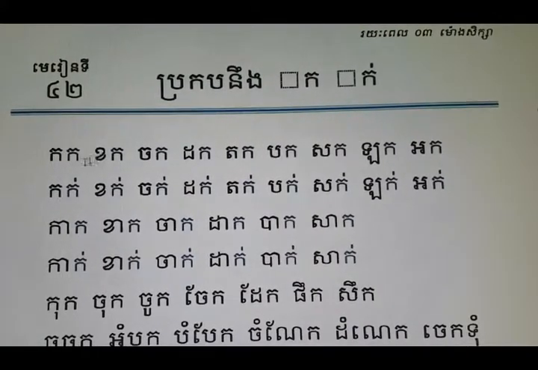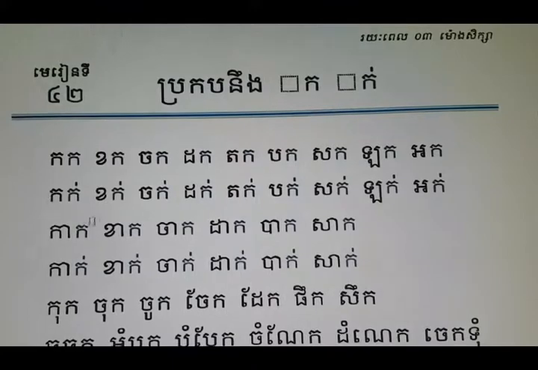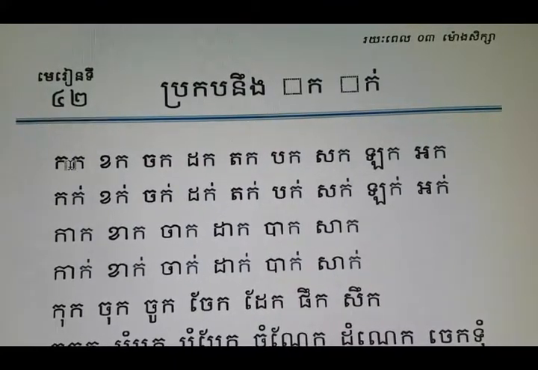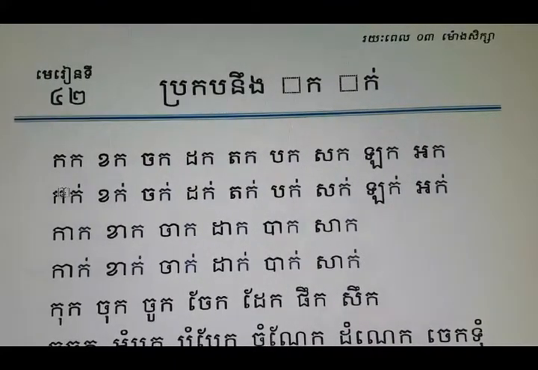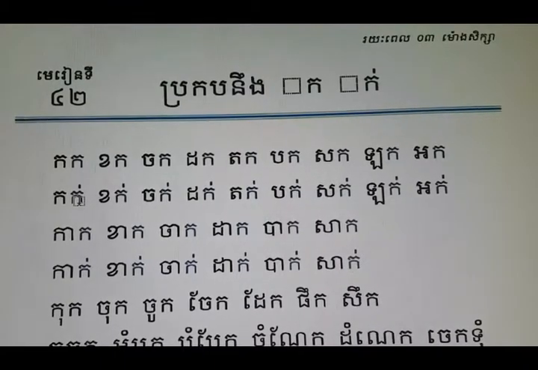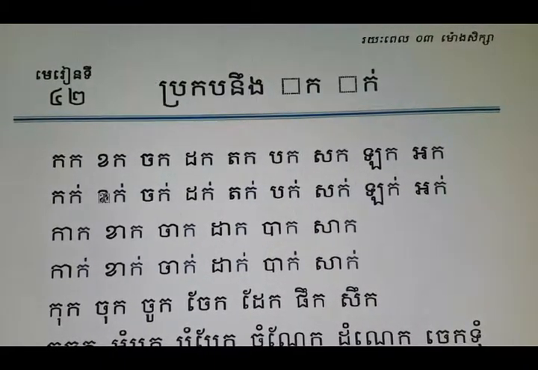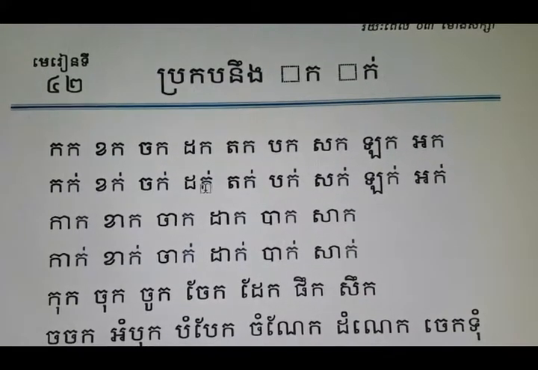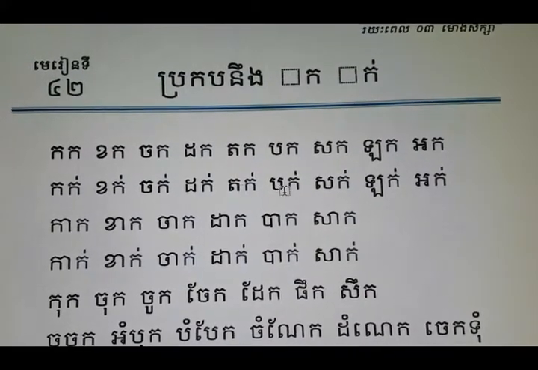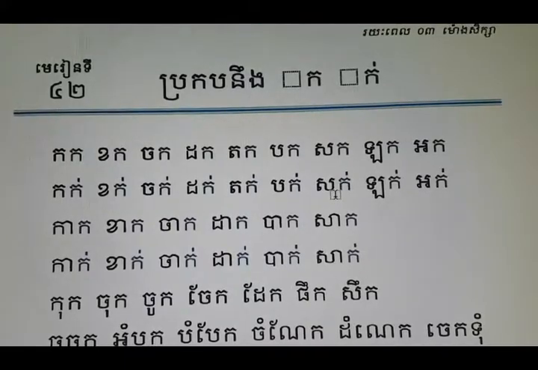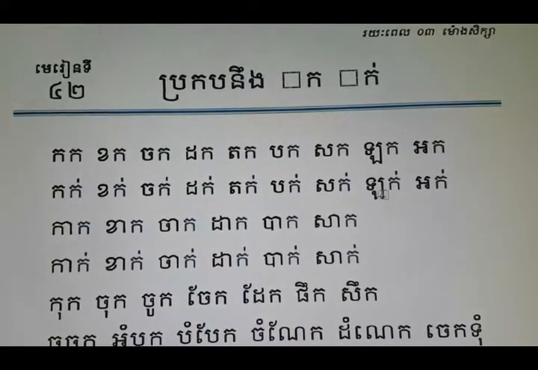But when you put bantok on top of ka, like this one, the upper one is ka, but when you put this one, it is short. The sound is shorter, like ka, ka, ja, da, ta, ba, sa, la, a.